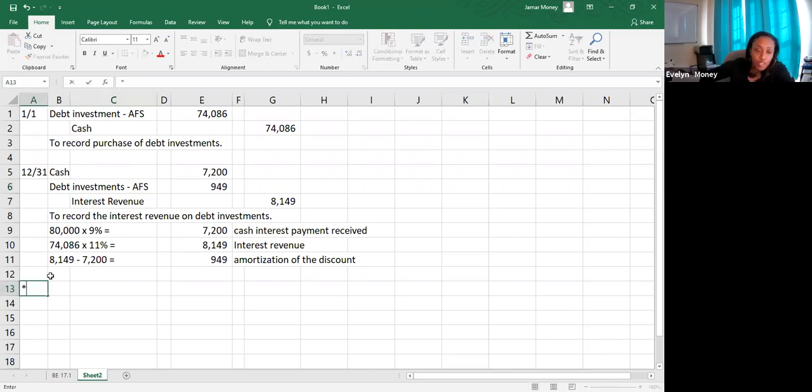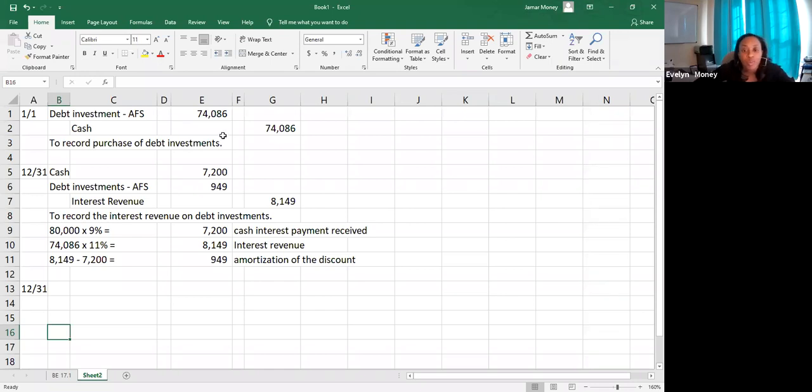But now I need to do an additional entry here to do my write up to fair value, or write down the fair value. Now for this one, we are assuming that the fair value of the bond is $75,500. I have to compare this fair value to the carrying value of these bonds as of the end of the year.